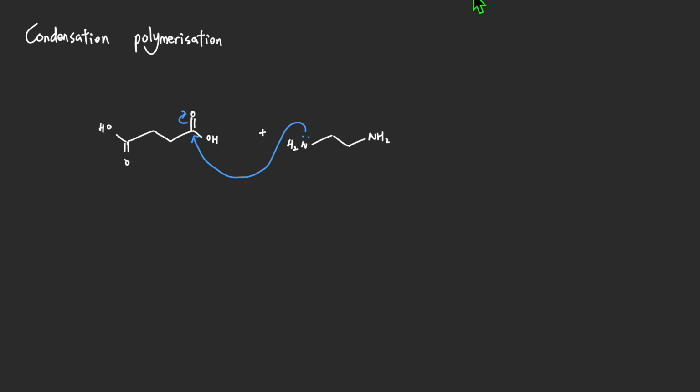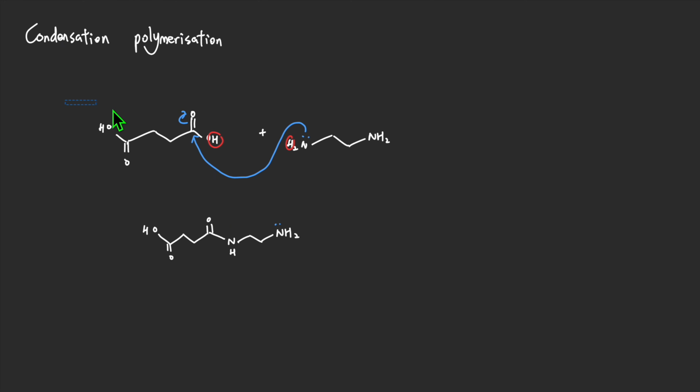The OH is removed, and it will deprotonate one hydrogen from the amine group and give us the final product. So an amide bond is formed, and this molecule can react again because we have another lone pair. It can attack another dicarboxylic acid, and that's how the reaction continuously happens until the monomers are used up to form a long chain of repeating units known as the polymer. So that's the overall reaction mechanism.